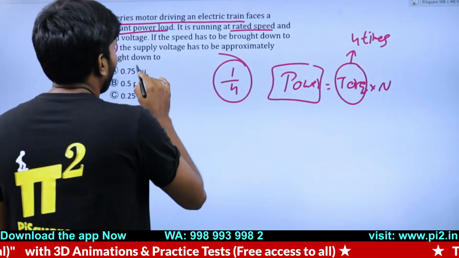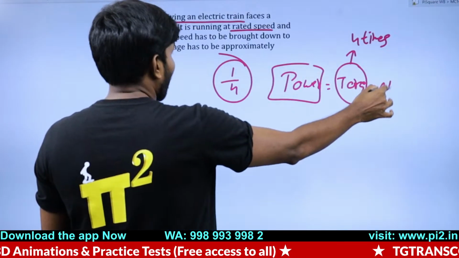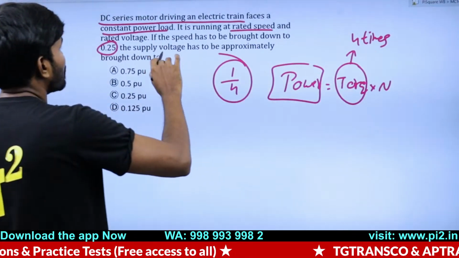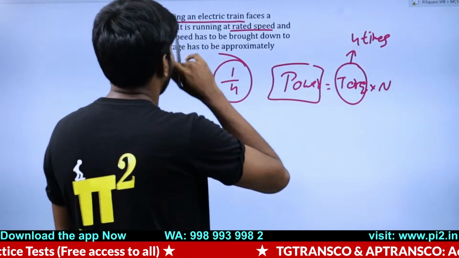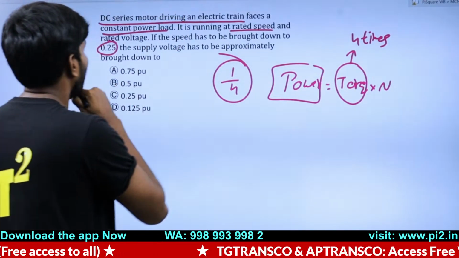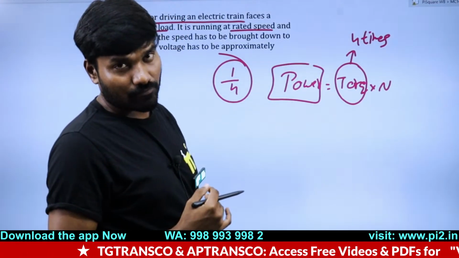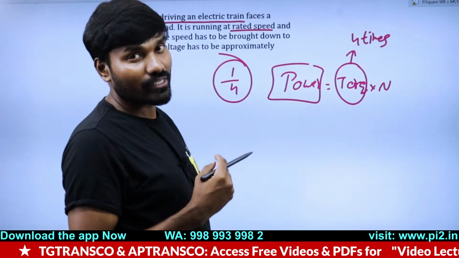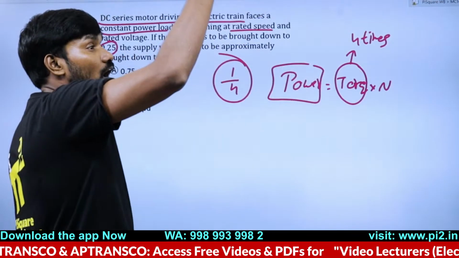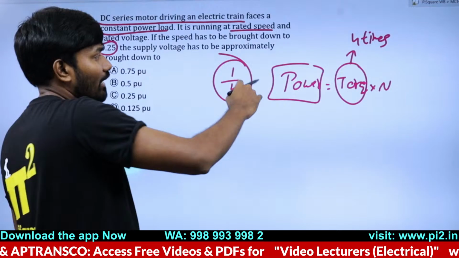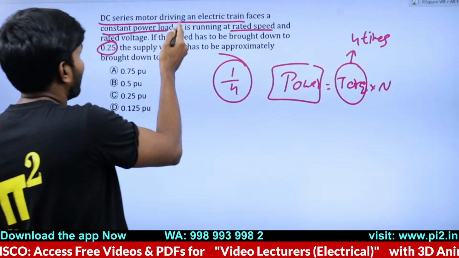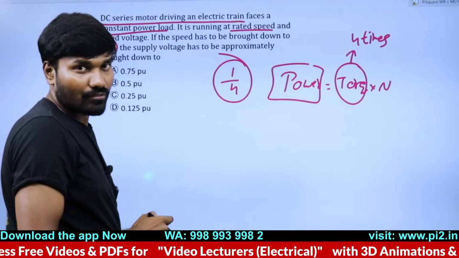Anyways, if the speed has to be brought down to this, what should be the voltage? What should be the change in input voltage so that the speed will be 1/4 while keeping this constant power load characteristic?